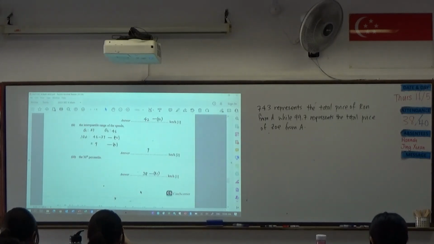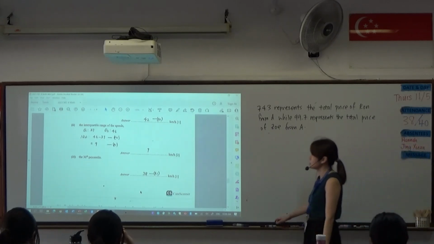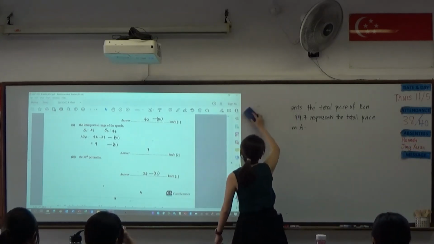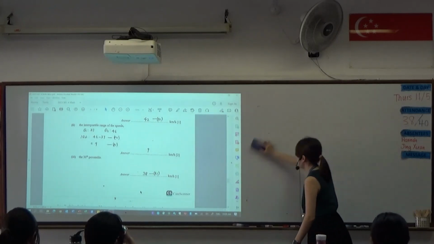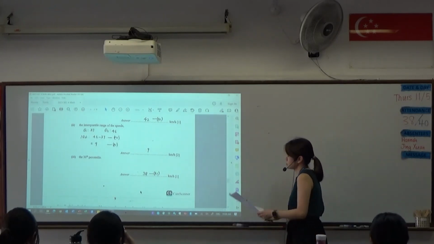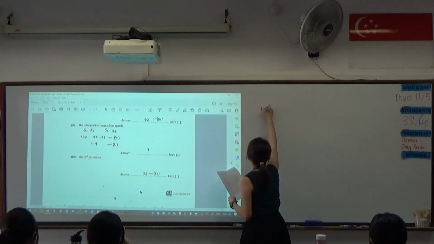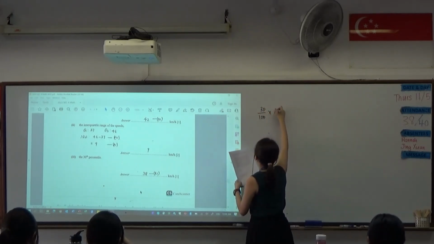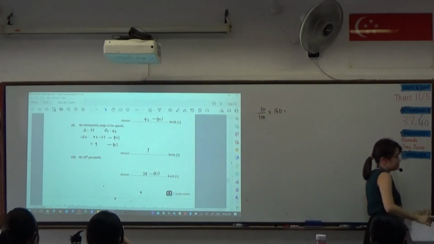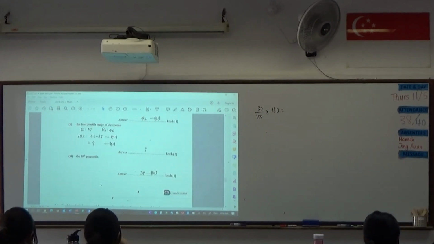And then followed by the 30th percentile. So for the 30th percentile, you need to calculate the position first. 0.3 times 160 would be 48.